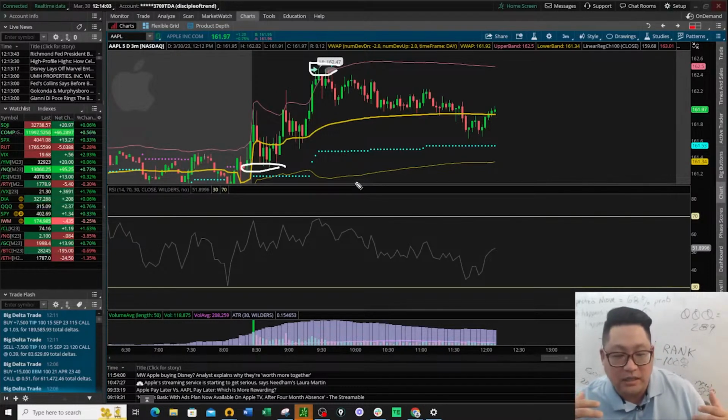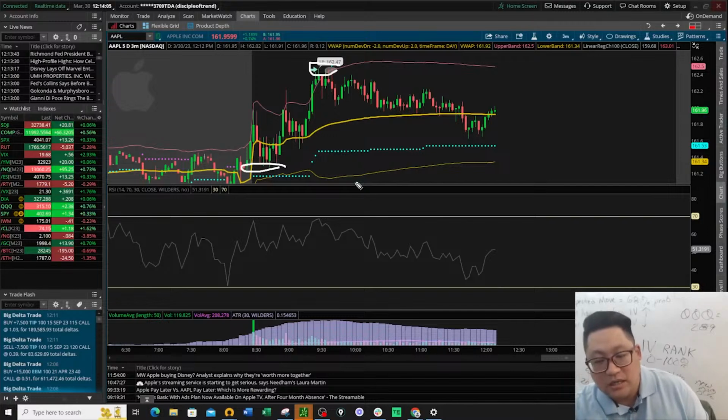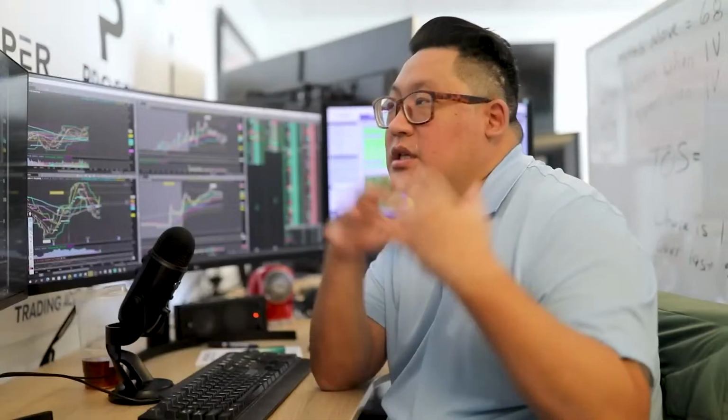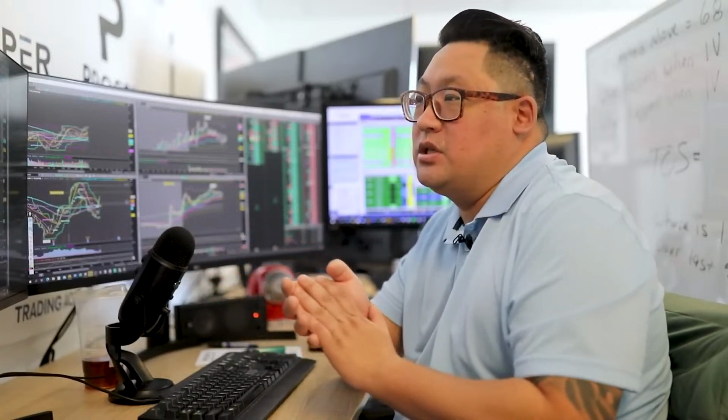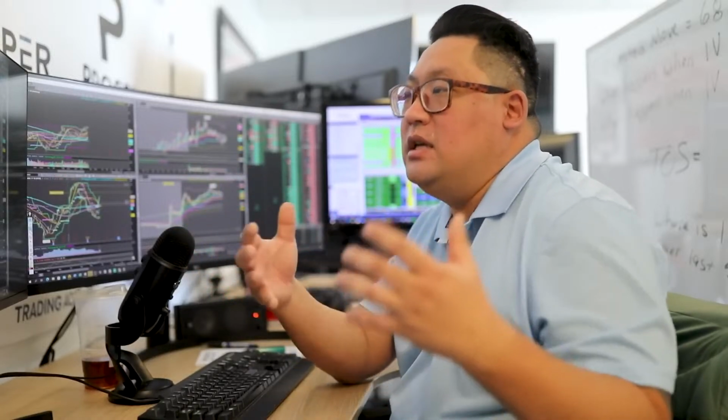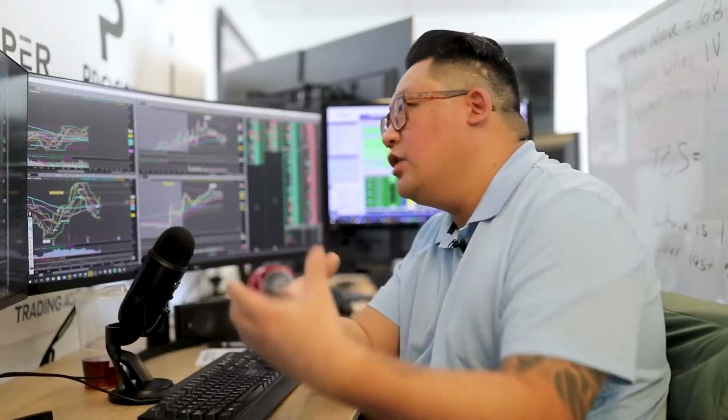This is where we can see a lot of participants get involved. And this is extremely important because when we recognize those moments, when we recognize that participants are getting involved, that also means that there's a lot more volume coming in and pricing activity could kick up, and we could see extreme movements come into the picture.